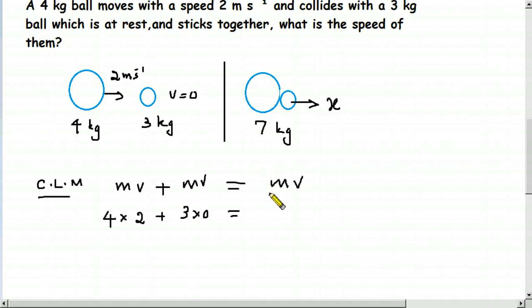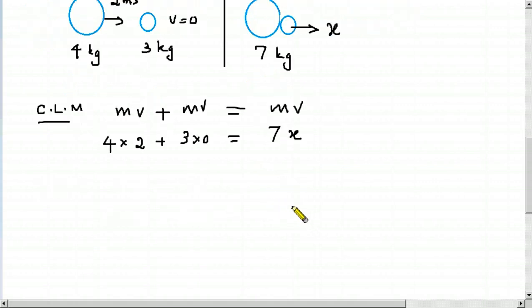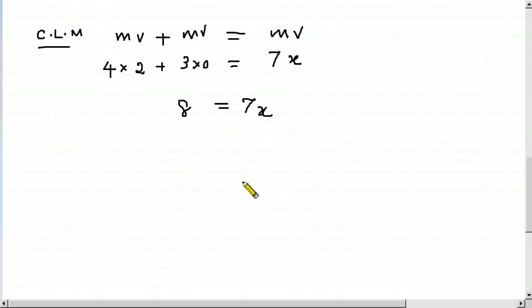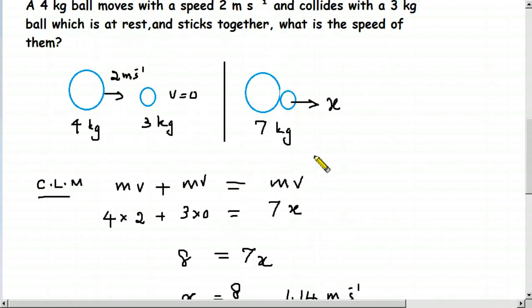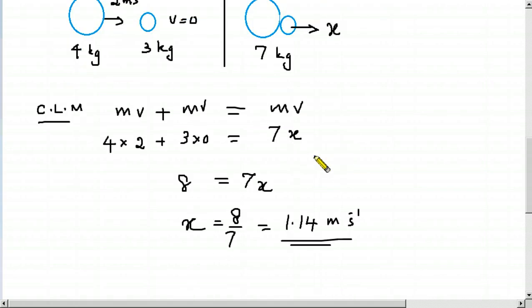Here total mass 7 kilogram times velocity x. So 4 times 2 is 8, and this one is 0 so we don't have to write it, equals 7x. So x equals 8 divided by 7. So the answer is 1.14 m/s⁻¹.